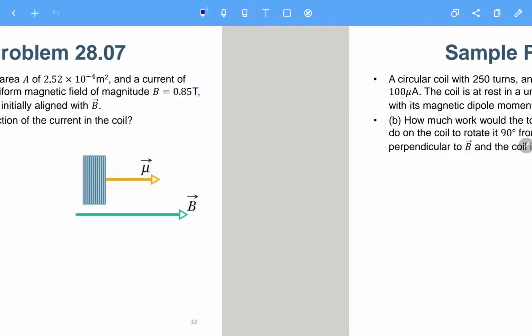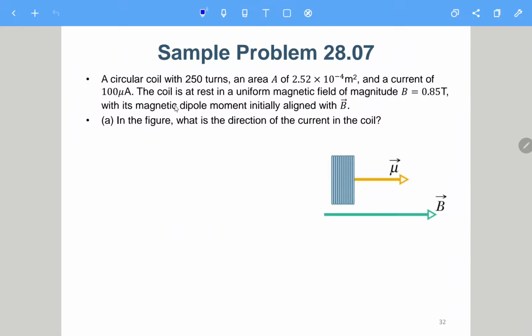Okay, so let me finish this one. Here we have a circular coil with 250 turns, the area A, and then the current. The coil is at rest in a uniform magnetic field B, with its magnetic dipole moment initially aligned with B. In the figure, what is the direction of the current of the coil?